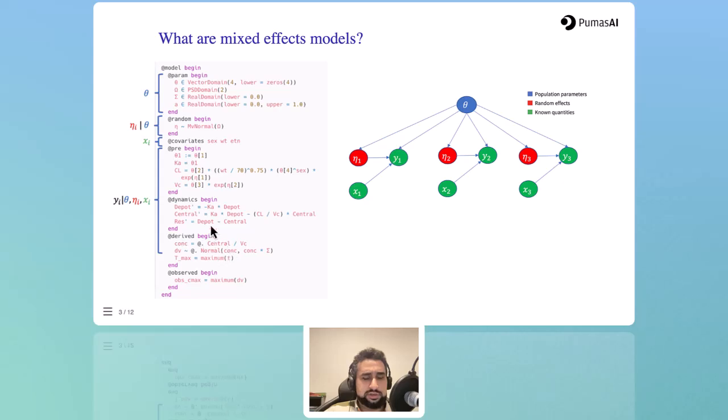The concentration is given by the solution to the ODE and some other parameters. So everything after the covariates block is the function that describes the probability distribution of yi for any specific subject i, given theta, their corresponding eta i or random effects, and their corresponding covariates xi. So that's how you normally write it. We drop the subscripts for the individuals, but it's implied that theta is shared between the whole population and everything else is individualized.